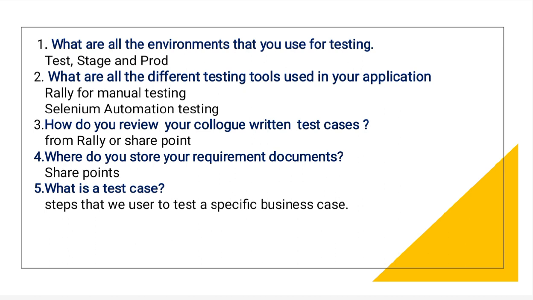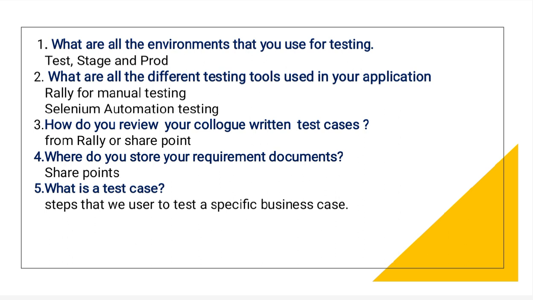The description will contain a brief description of that specific testing, and the steps that we need to test that specific requirement. Expected results are the results that we write, that we expect from each and every step of our execution.